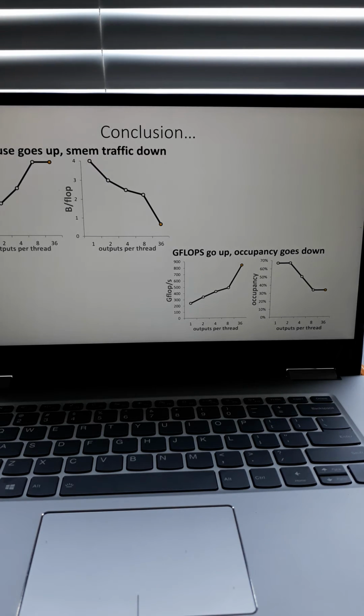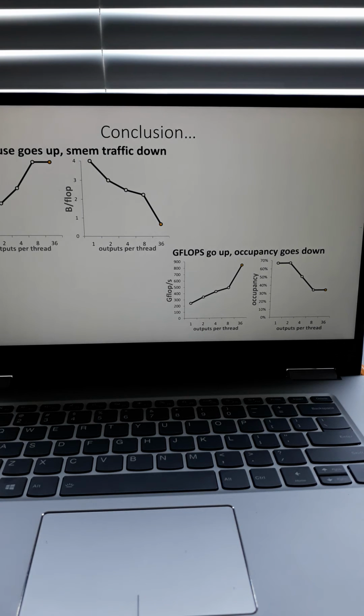That is, we achieve the peak performance in the current scenario on GTX 480 at 36 outputs per thread. There is a direct relationship between the number of outputs per thread and the number of registers per thread needed to achieve the desirable result. Over here it is 64. That is the maximum number of registers we can assign per thread to achieve this performance.